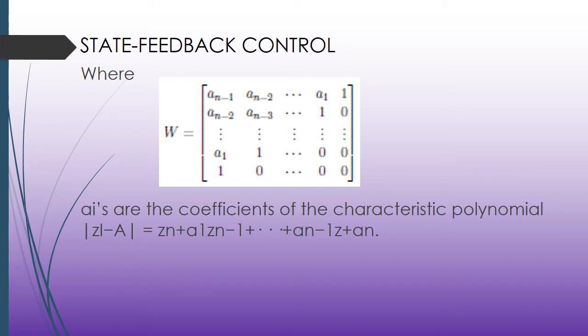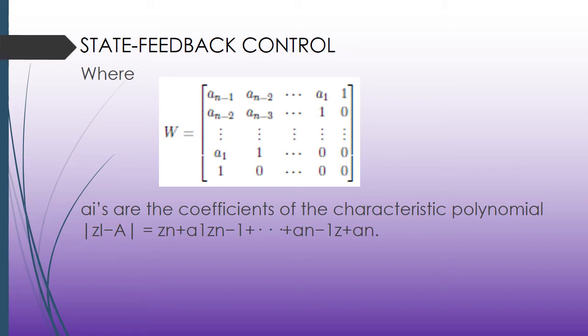is a matrix composed of a_{n-1}, a_{n-2}, until a_1, to 1, while the next column is a_{n-2}, a_{n-3}, to 1, until 1, to 0, and so on and so forth.